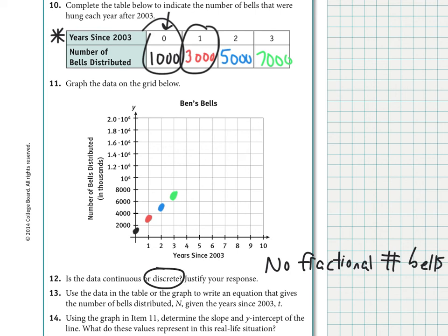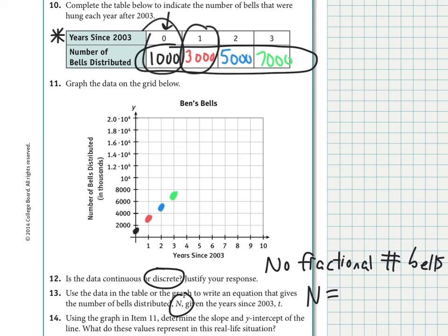Okay, so can we use the data in the table or the graph to write an equation? Let's think about the situation here. For the number of bells, they want us to call that n, given the years since 2003, t. So they want an equation to get the number of bells. We're going to do something like n equals, and let's think about the situation. What are we starting with?